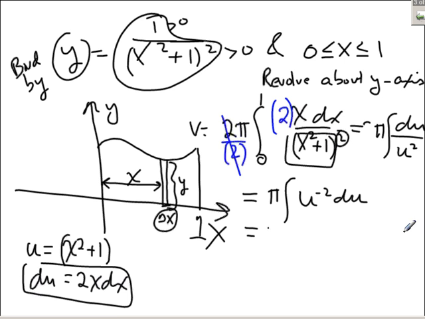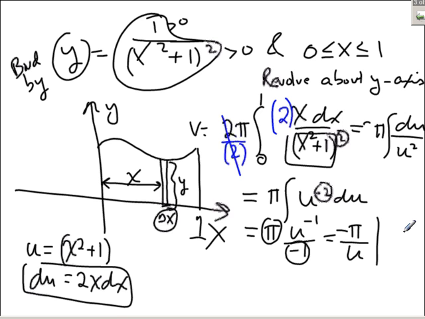But that's a pretty basic integral. Add 1 to the power, and then divide by that number. Now, pi divided by negative 1 is negative pi times u to the minus 1. But I can write u to the minus 1 in the bottom like that. Okay, now, let's see what we integrate from. When x is 0, how much is u?